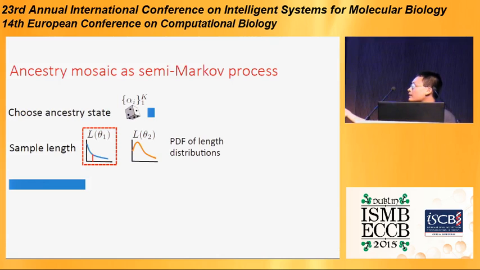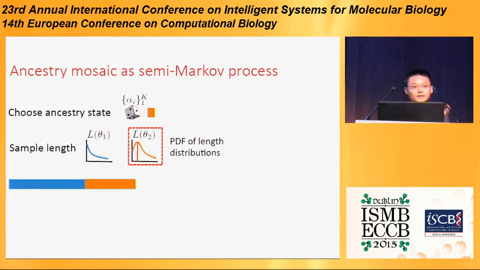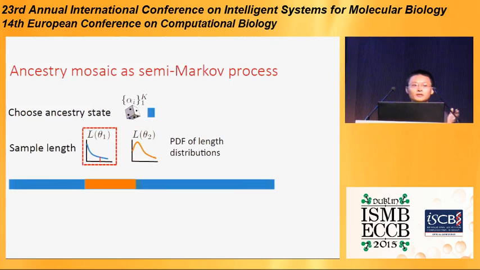And then given that you selected the ancestry state, you sample a particular length from the length distribution corresponding to the ancestry state. And then you iterate this process. The next state is orange. You pick a length block from there and add it onto your mosaic. And you iterate this until you have this mosaic pattern corresponding to the ancestries of this individual.